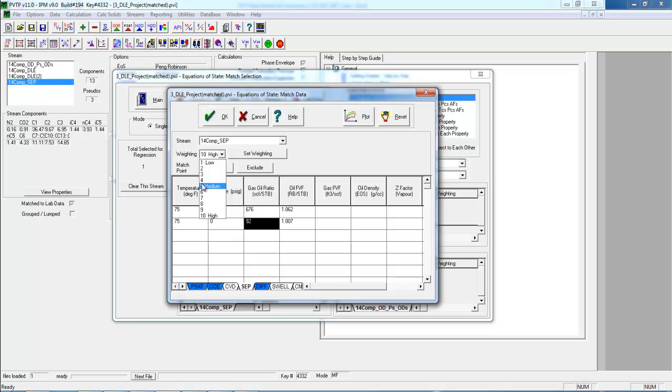If you start by 1, maybe next step you try 2, and so on. So you change in this, you move on with these numbers until you get the match. So maybe I will start with the lowest weight for both of them. I've already said I will not include this. I will exclude this. So now I will exclude the oil formation volume factor.